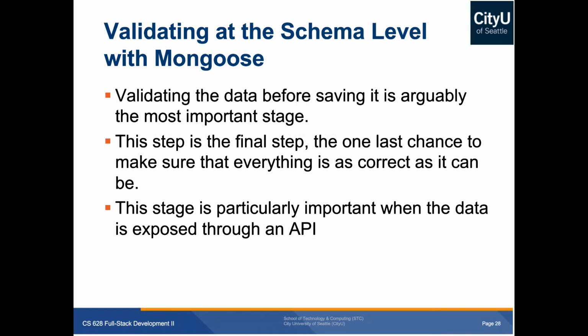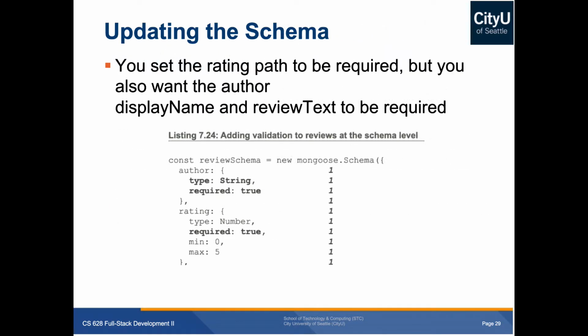Okay, so validating the data is the most important part, so you don't have bad data to begin with. And the final step. So adding validation in the schema, we've done this. Last time we made it required. We can add some typing as well to say that the author should not be numerical. It should be a type of string.